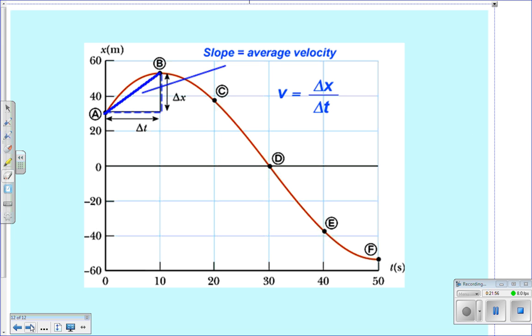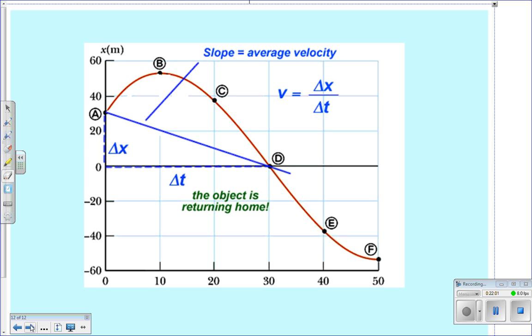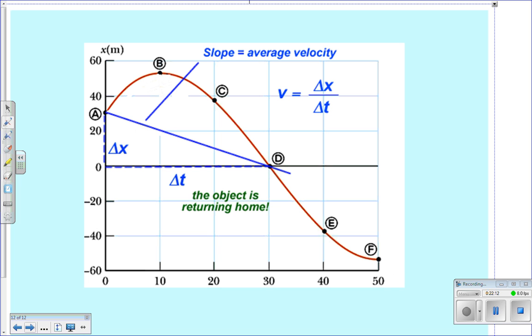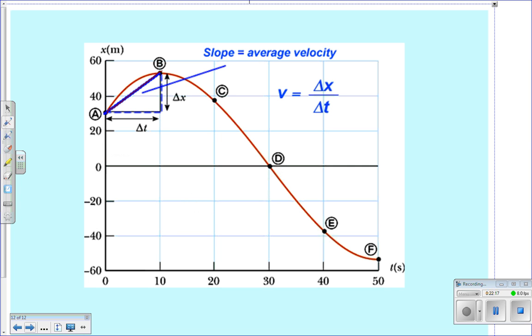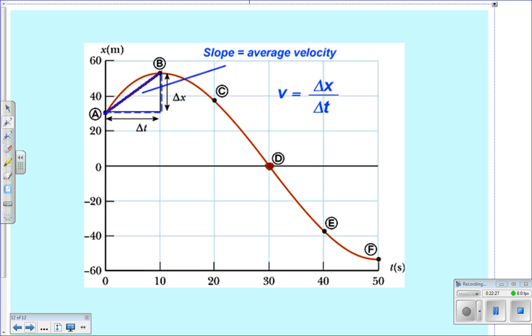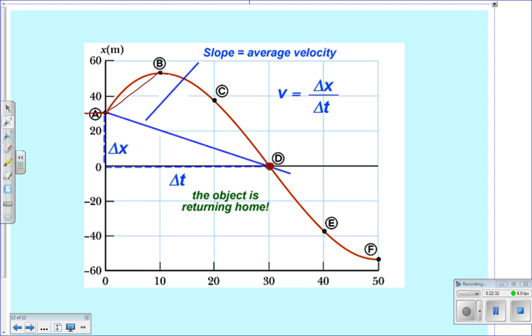I will leave you with this right here, which shows you the section of the graph that we're looking at. So right here, if we're looking at point A to point B, we would have a positive slope. So from point A to point B, it has a positive average velocity. If we continue to let the timer run until the object reaches point D, well, now its change in position is negative because it starts over here at 30, and at point D, it's back down to 0.